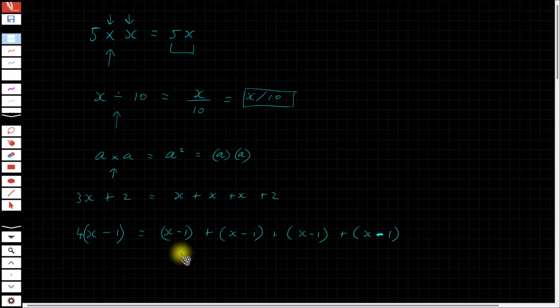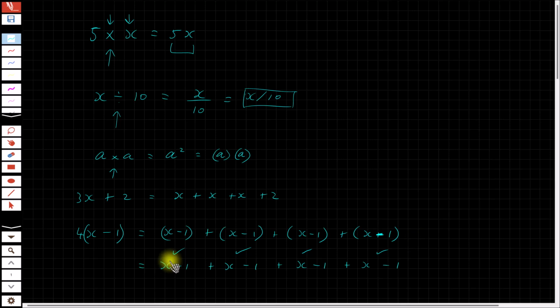So we can see we have 1, 2, 3, 4. We now only have minus and addition on the right hand side here, so we can eliminate the bracket. So we have x minus 1 plus x minus 1 plus x minus 1 plus x minus 1.